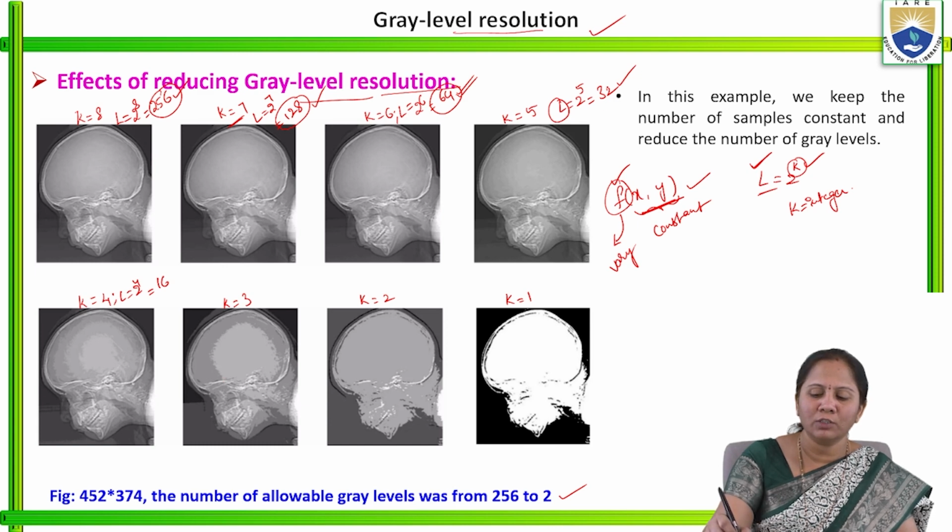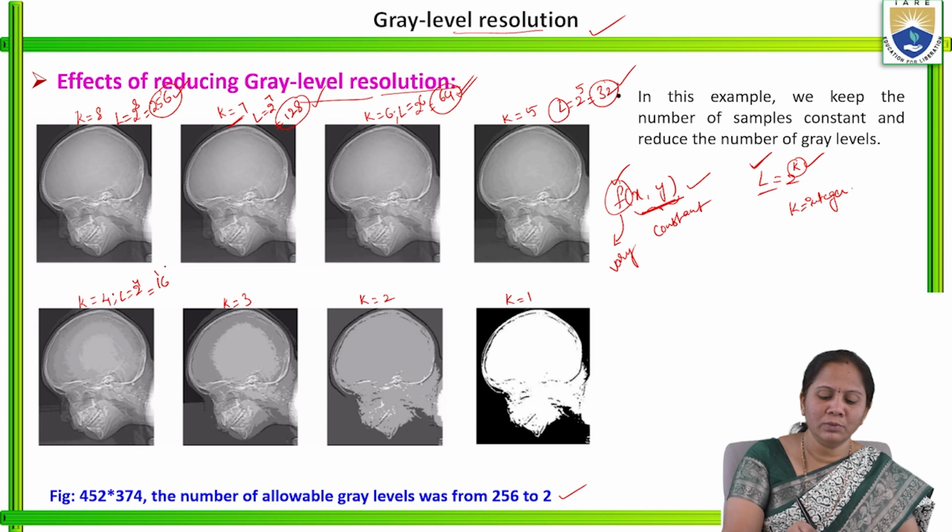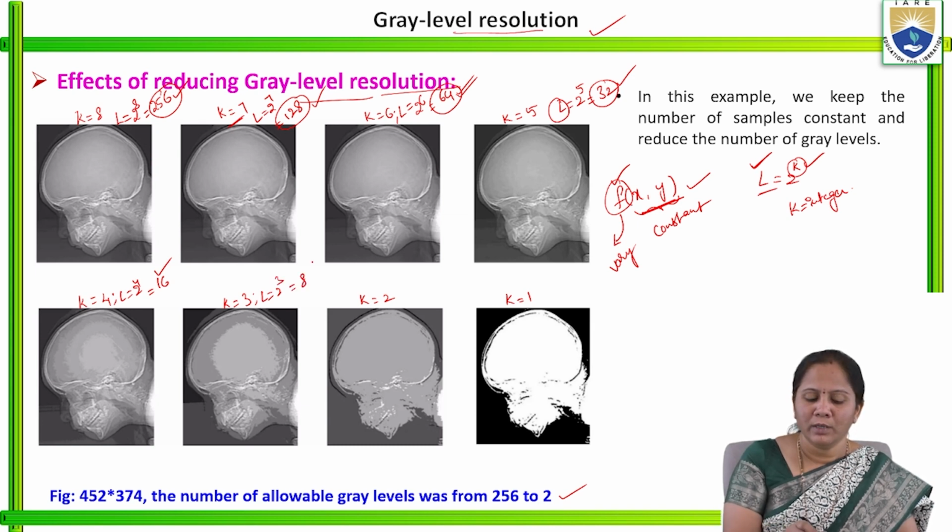So in this case also, from 32, L is being reduced to 16. And for k is equal to 3, L is equal to 2 power 3, its value is 8. So from 16, L is reduced to 8, and L is equal to 2 power 2, the value is 4.